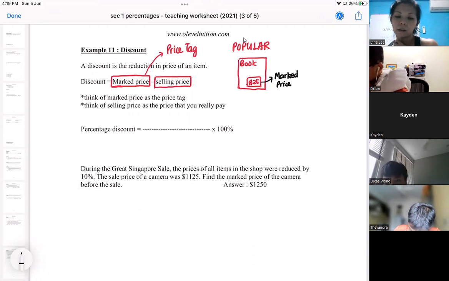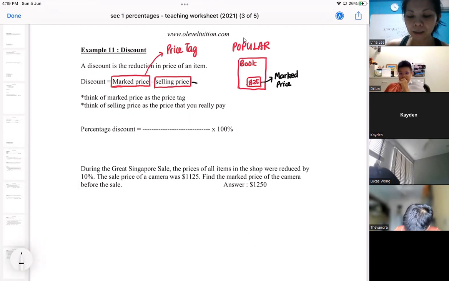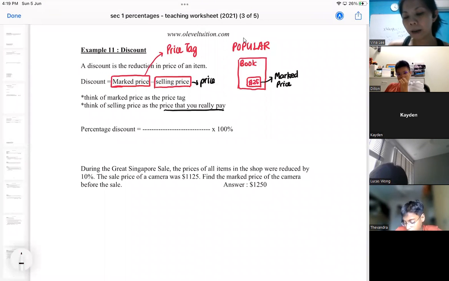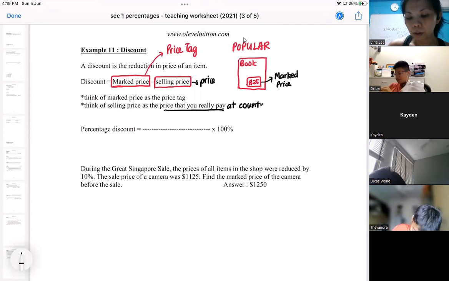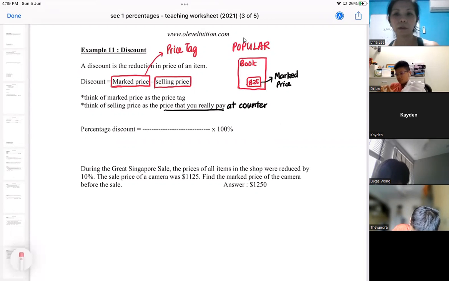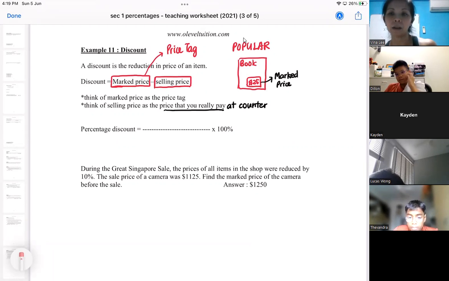And then what is actually selling price? Selling price is the price that you pay. It is the price that you really pay. That means you pay at the counter. Can you imagine the situation? You take this book to the counter, and your mom actually has a Popular card.